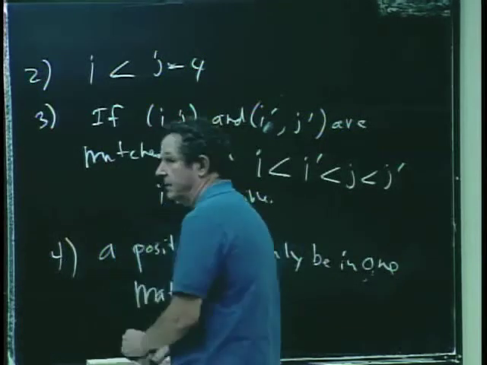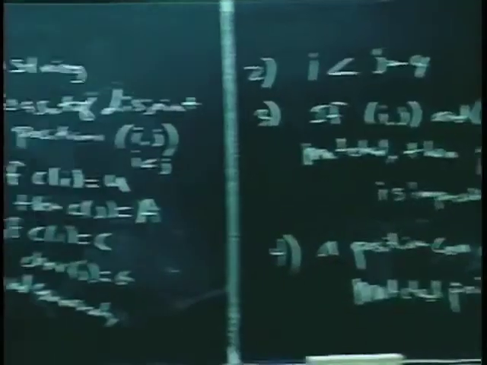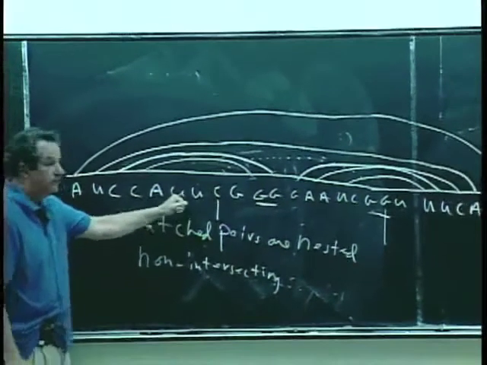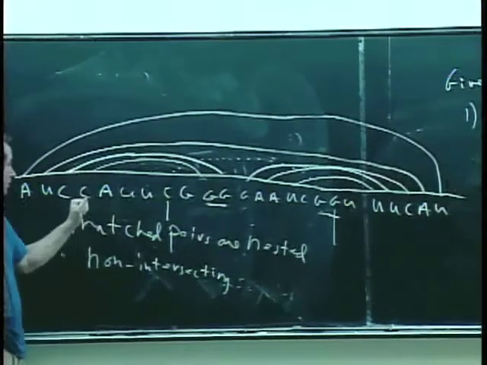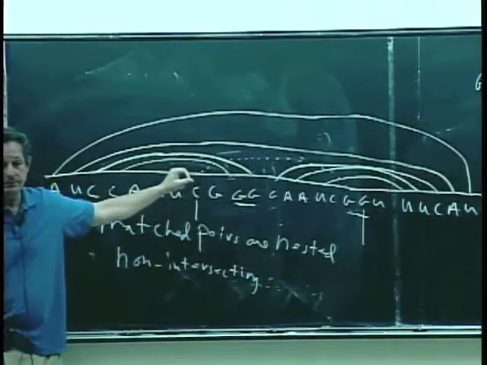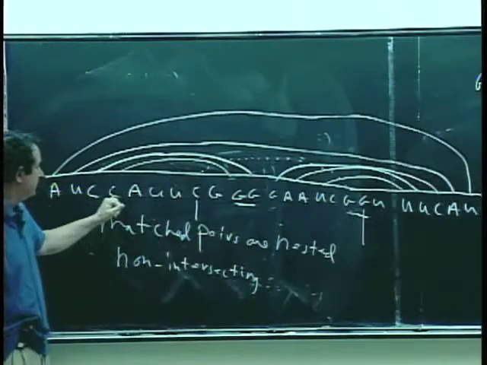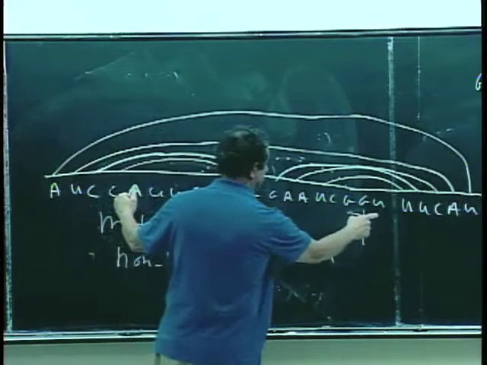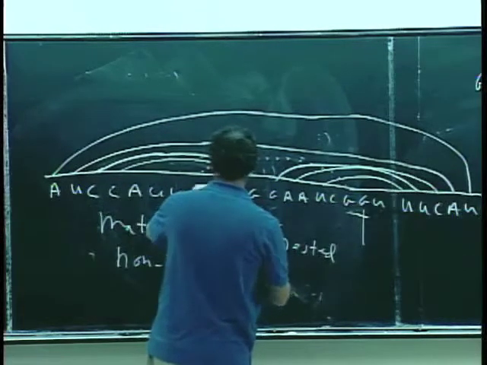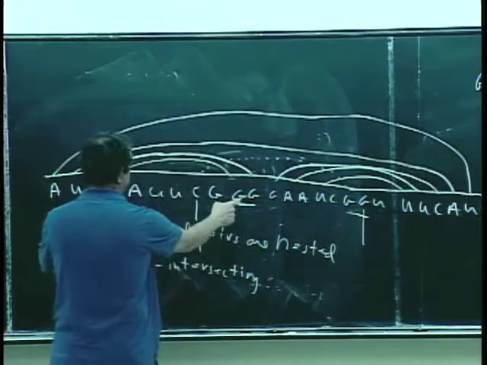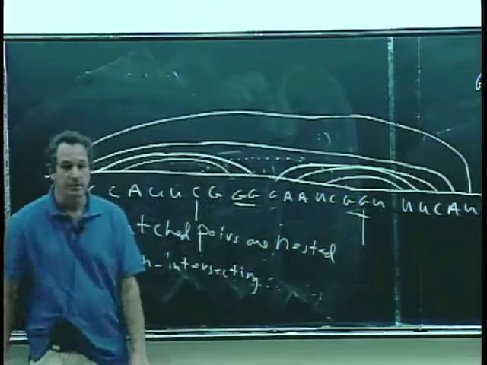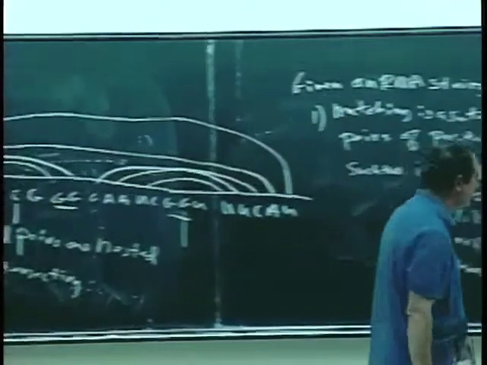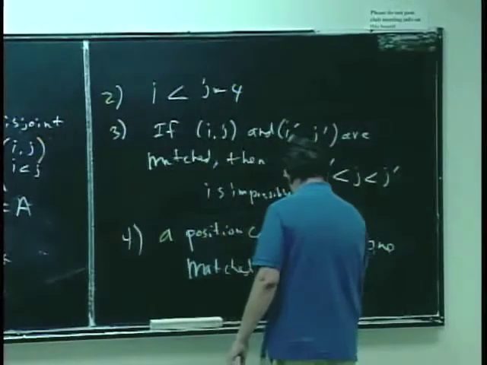And you see that in here. Every character, in a particular position, is either not involved in a matched pair at all, or it's involved in only one matched pair. You don't have this C, for example, matching with, well, this C is matched over here with just G. It's not also matched with this G. So every position can be in one matched pair at most.